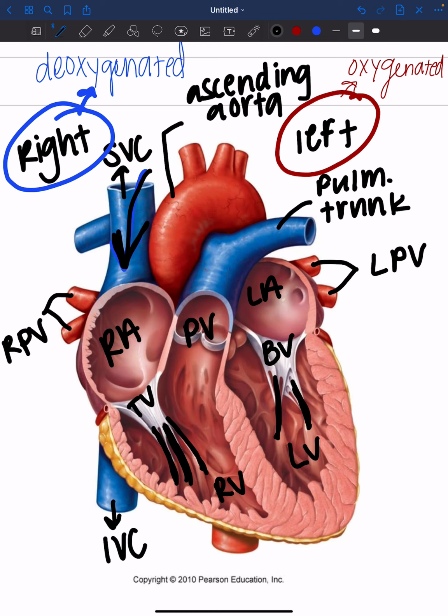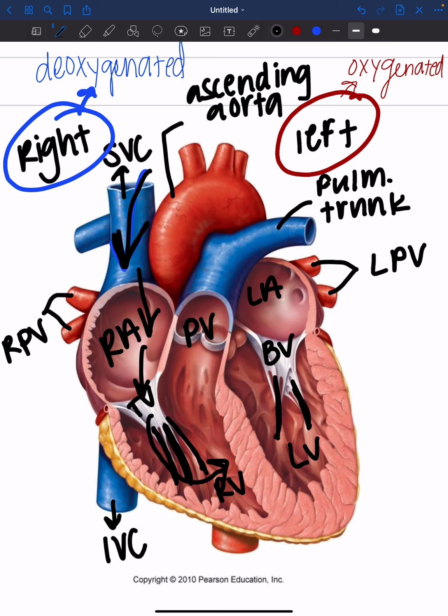From that superior vena cava, the blood comes into the right atrium, which is through here. From that right atrium, it's going to move into the tricuspid valve, which is right here. After the tricuspid valve, it's going into the right ventricle, which is through here.